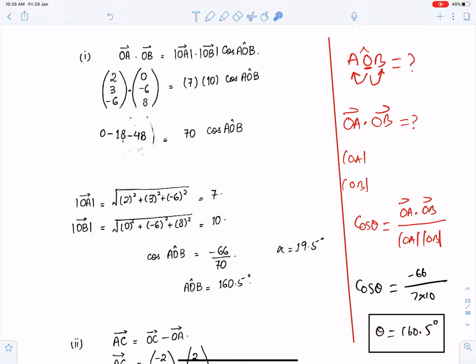And remember, while inversing, always consider the negative sign, because you are working for the general angle. You are not working for the basic angle. So in vectors, you always work for theta, the general angle. Therefore, while inversing, if there is a negative sign, you must consider that negative sign with the function.